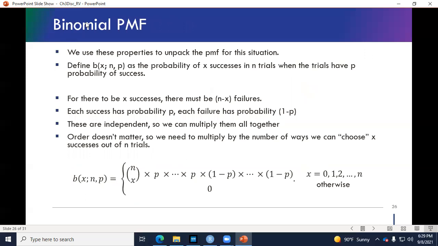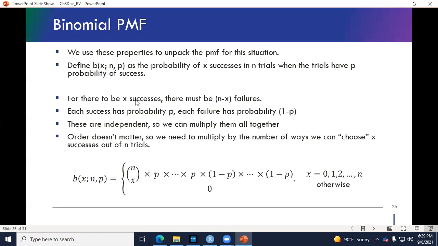Similarly for the binomial distribution, how do we write its PMF? Formally we use this B, or sometimes BINOM, which is what R uses. But mathematically, we just write B. This tells you this is for a random variable X, and we have the parameters P and N for this binomial distribution.